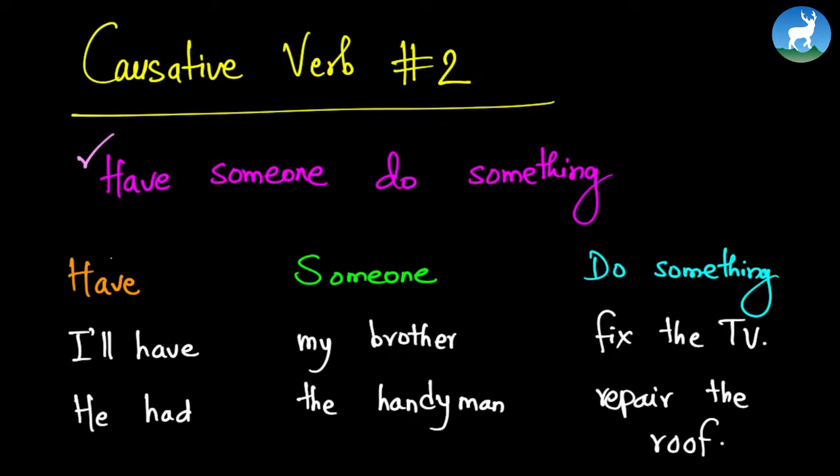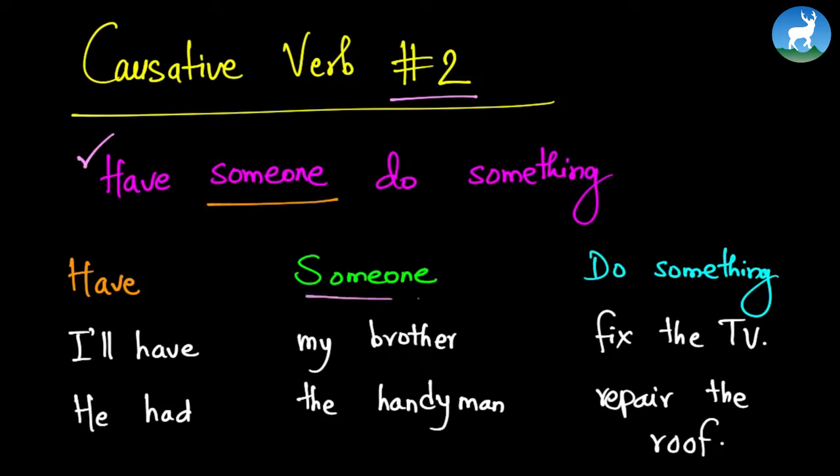In causative verb number 1, we did not say who the person was. We said something like, I had my hair cut. So we did not mention the person. But now in causative verb number 2, we mention the someone because it is have someone do it.